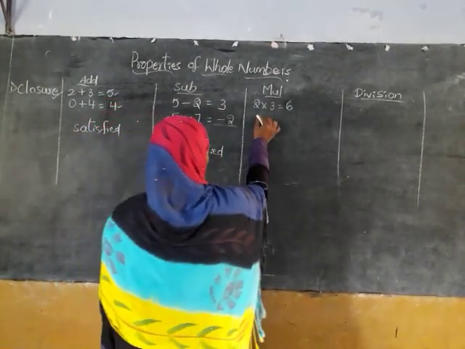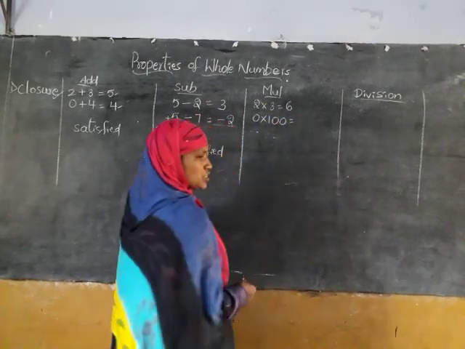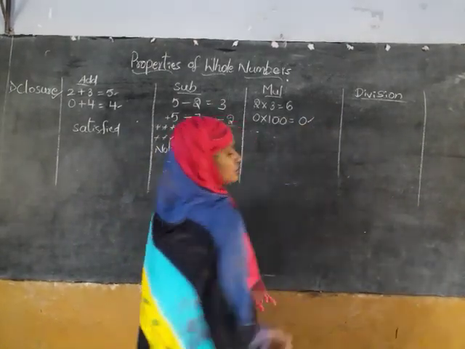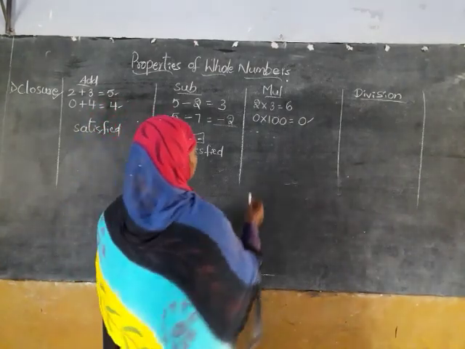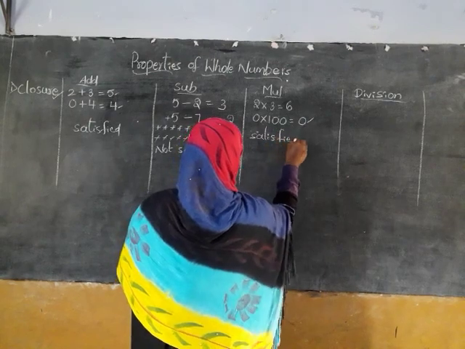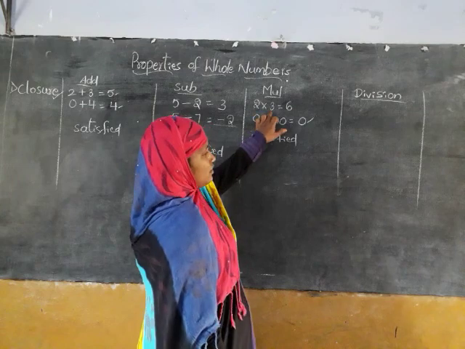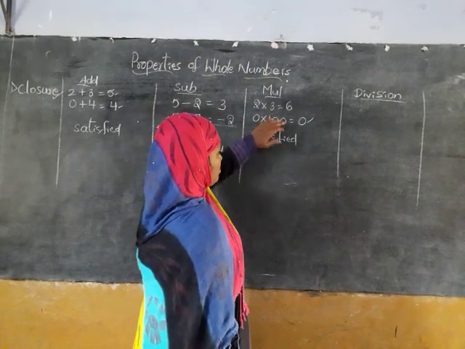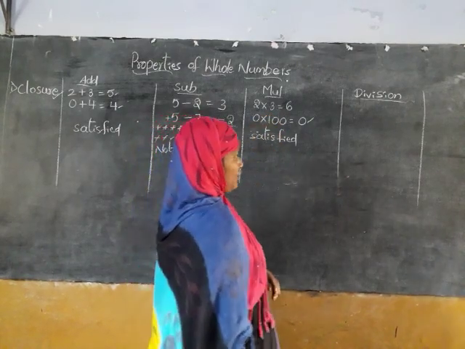Take one more example: 0 into 100. 0 into any number equals 0, which is in the set of whole numbers. From this you can say that closure property is satisfied under multiplication. If you multiply any two whole numbers, the answer is also a whole number.